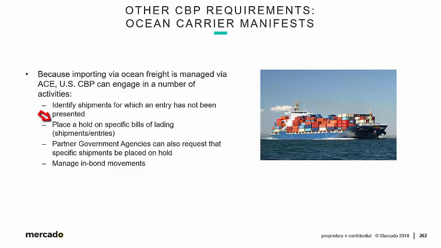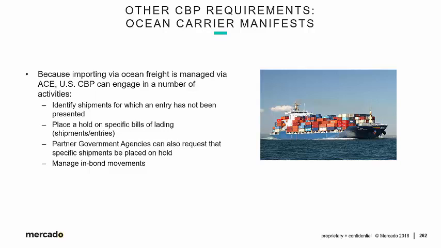Customs can also use manifest to place a hold on specific bills of lading, a manifest hold. Third, partner government agencies can also request that specific shipments be placed on hold. And of course, manage inbound movements where containers, for example, are moving from one port to another on a transportation and exportation entry, as we studied in previous sections.